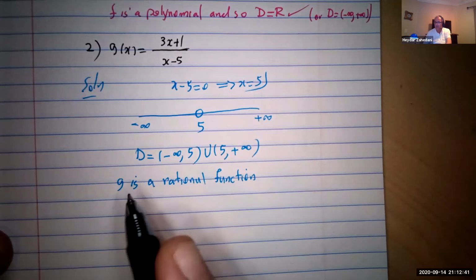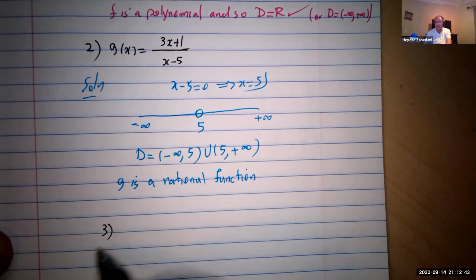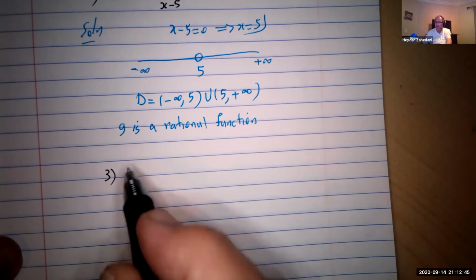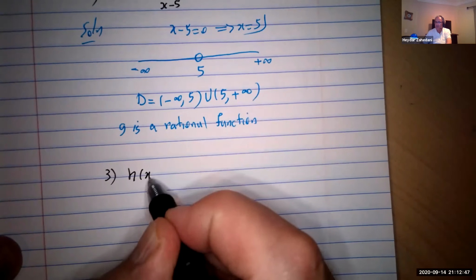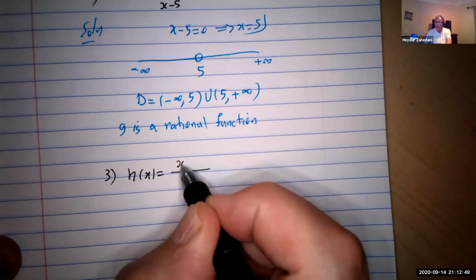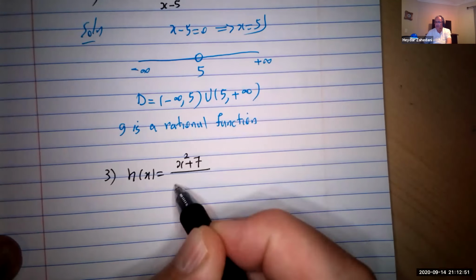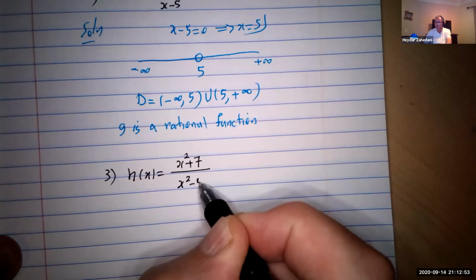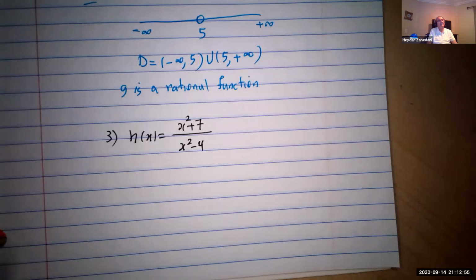They may give you something a little bit more. So you may be given h of x equal to, you see on the top the x squared plus 7, and they may give you x squared minus 4. Again, it is a rational function. So we have to take care of the denominator.